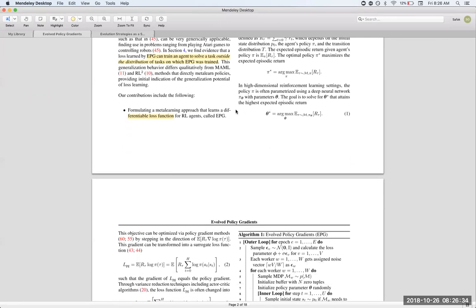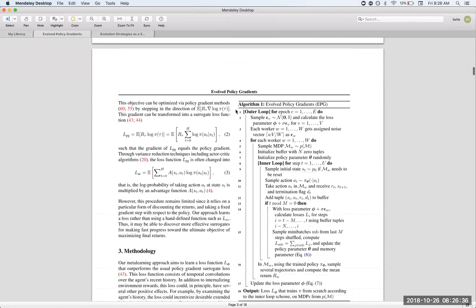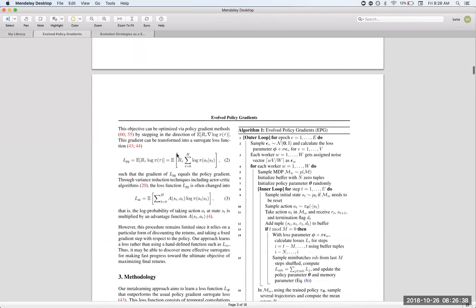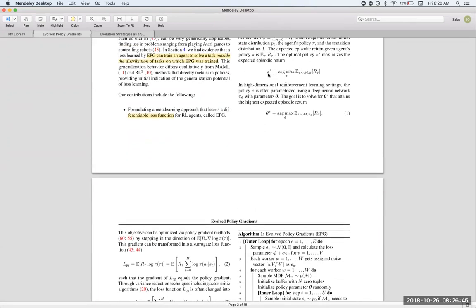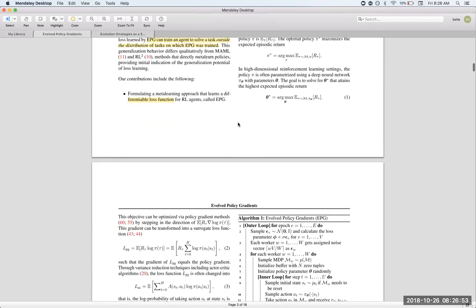So let me skip this ahead. Okay, the policy network pi takes a state as input and outputs a probability distribution over the action space. In RL problems this is modeled with a neural network with unknown parameters theta.